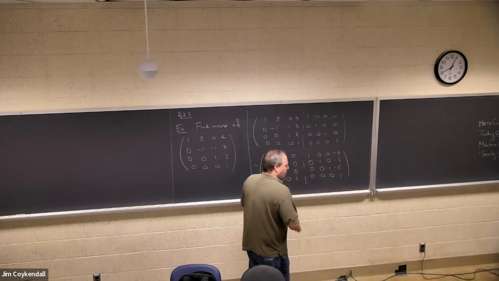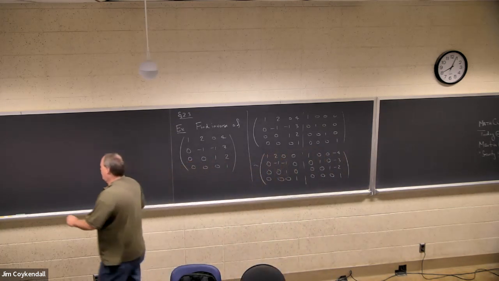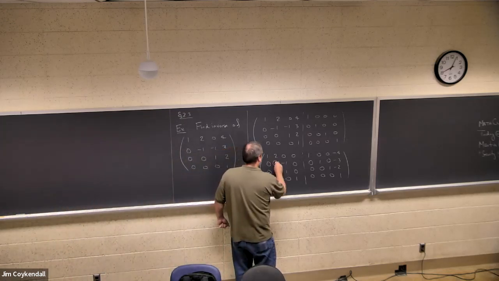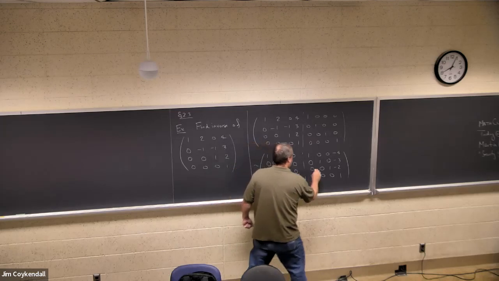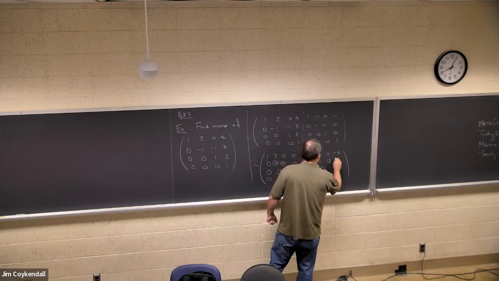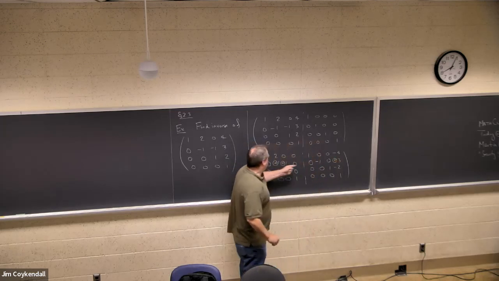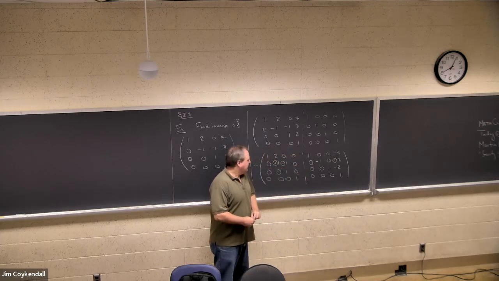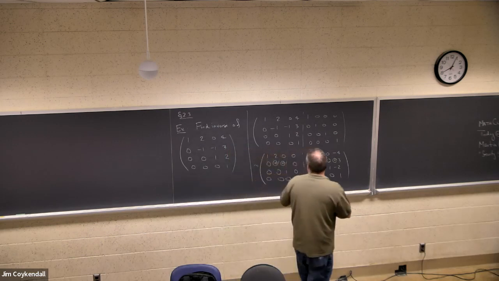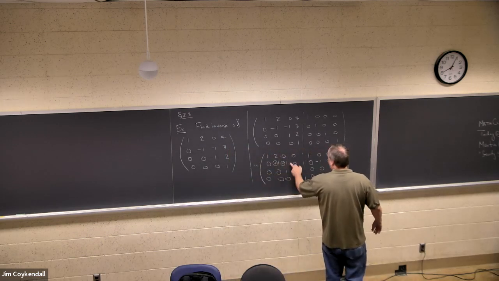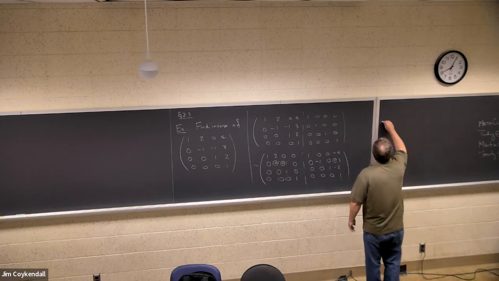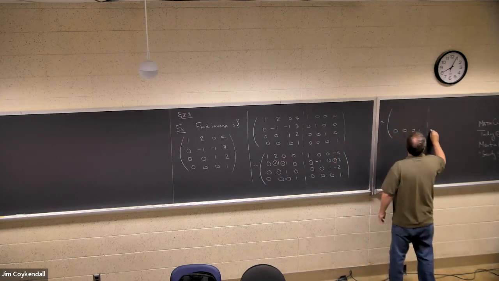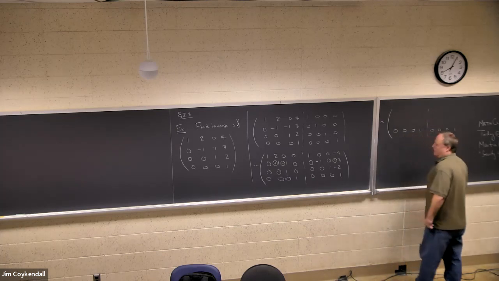Now, just to make my life easier, reverse the sign of that second row. Now I'm going to take this, my -1, and take this out. This is going to stay 0, 0, 0, 1.